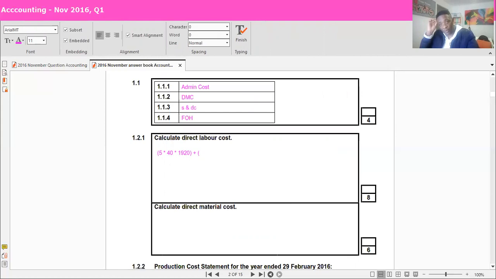Now this is for overtime. For overtime, we know it's 5 workers, and you open another bracket. In this bracket, they're being paid 40 rand plus 75%, so you say 40 times 1.75. Then we multiply that by the number of overtime hours they worked, which is 90 for each worker.